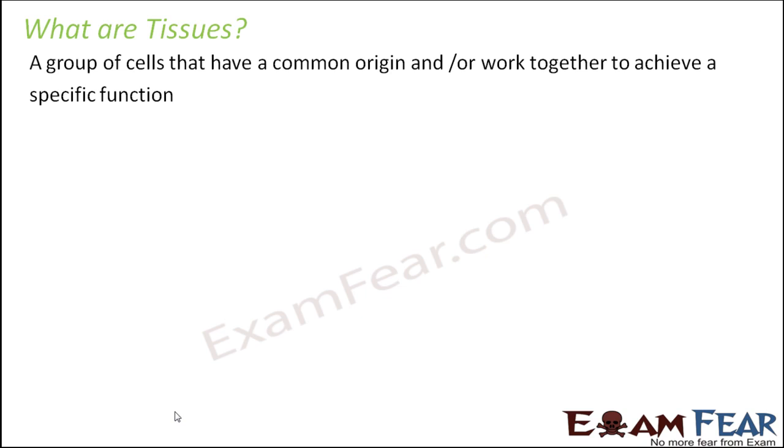Correct? So what is happening? Those 15 students who are preparing for the cultural activities have a common goal. Correct? Just like cells, all of those students have a specific function. They have a specific purpose. They are also working together. And the way they are preparing for it is also similar.